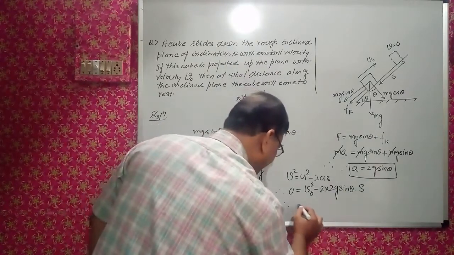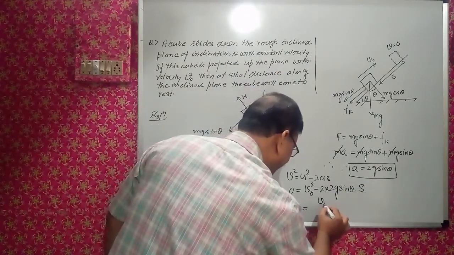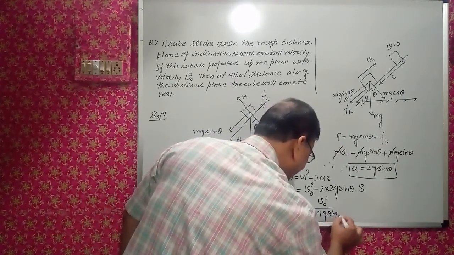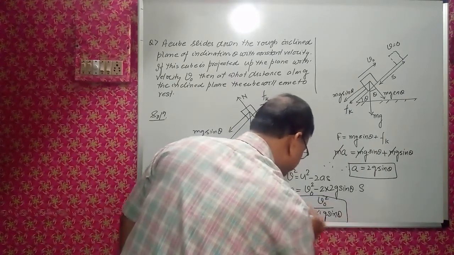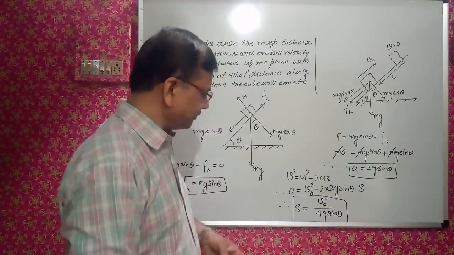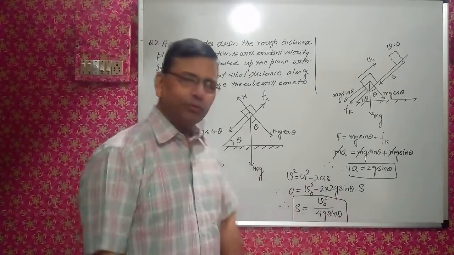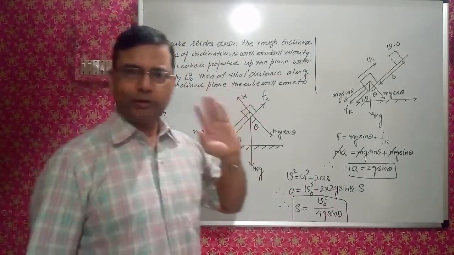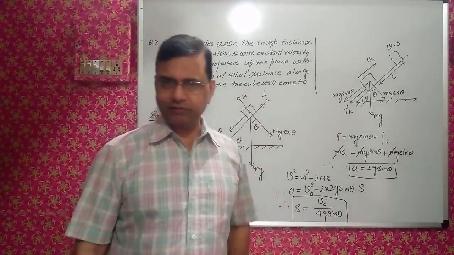From here we will get the displacement as v naught squared upon 4g sin theta. So what is asked in the question? What is the displacement? So this will be the answer, that is v naught squared upon 4g sin theta. Right? The concept is clear. I think you have understood well. So we will take another question.